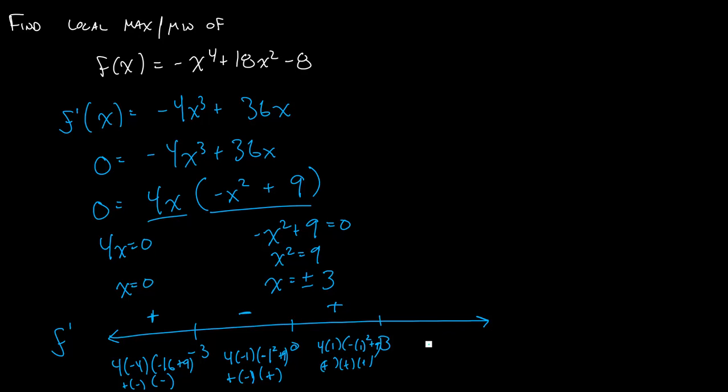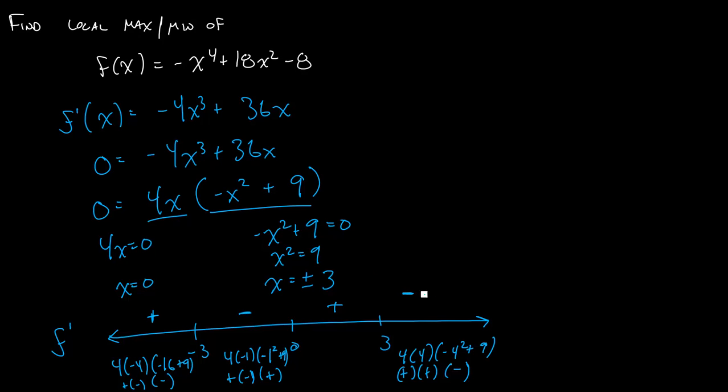If I go all the way out to 4, or anything past 3, we try something at 4, so we'd have 4 times 4 times negative 4 squared plus 9. So I'd get positive times a positive times a negative. And out here I would have a negative.